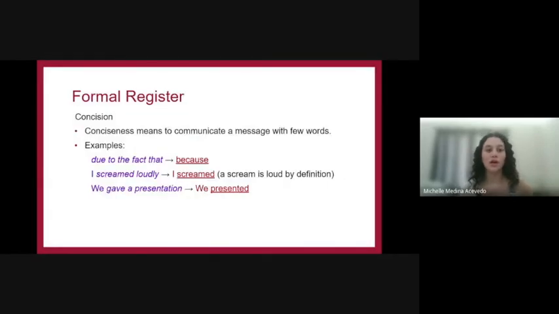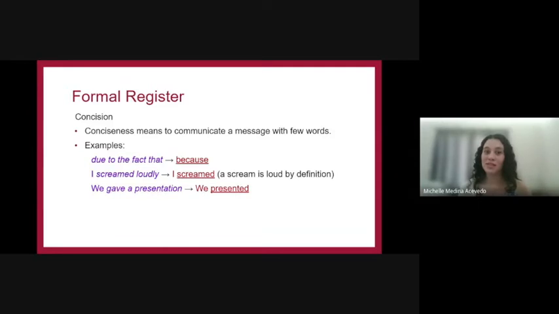Now, let's talk about formal register. Formal register is characterized by concise and precise language. So when we are writing, we should be concise and precise. So let's first explain what conciseness means. Conciseness means to communicate a message with few words. So when writing academically, always think less is more.